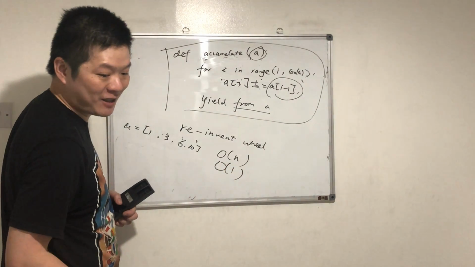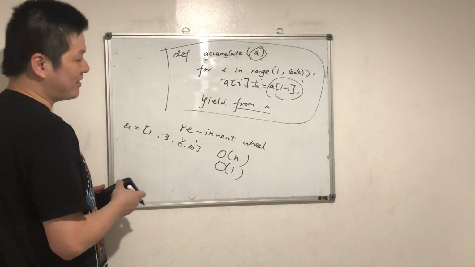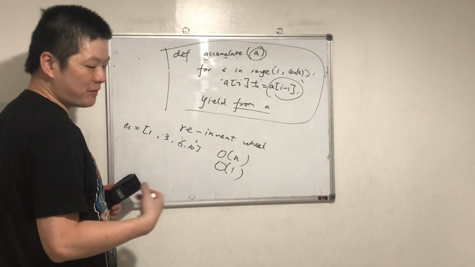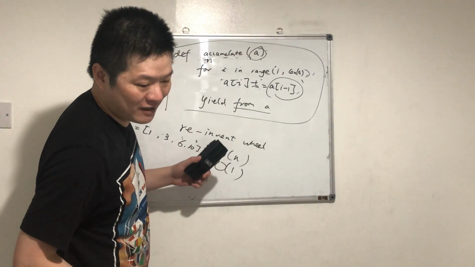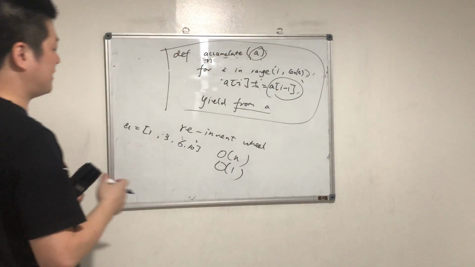You said O(n), what's O(n)? You need to be confident, okay? If we are making a copy, that's O(n), but we're not, so that's okay.